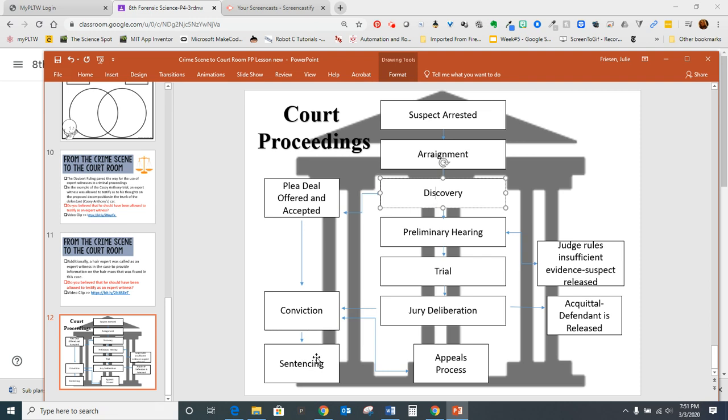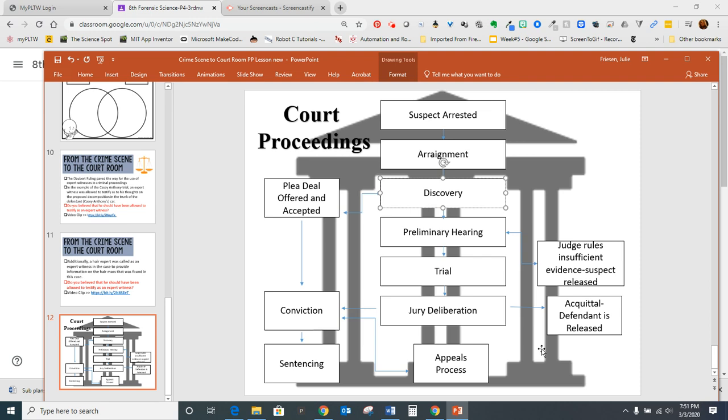Once they're convicted, they can also go through an appeals process where they can appeal their whole trial. So this is a breakdown of how it goes through the whole process when someone's arrested.